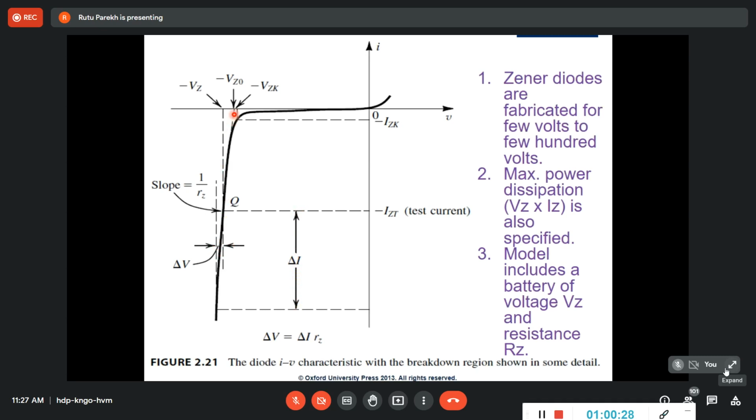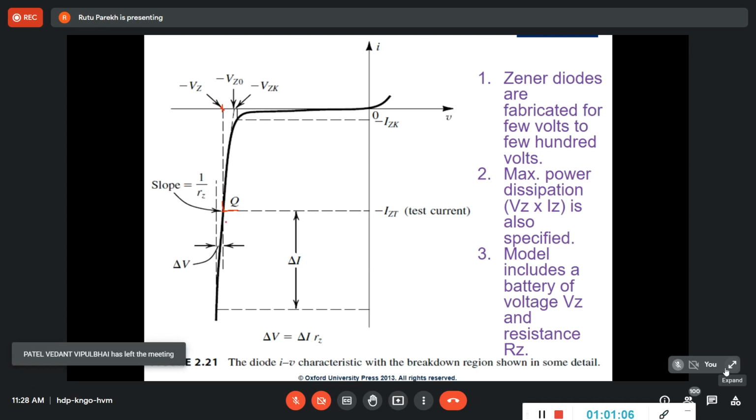Before it was Vz, now this is V, so here it is delta V. It is the difference between the tangent at this point, this is the tangent here, and if you take a straight line, it is your Zener voltage, Vz. In short, let me show you this way: for this current, this is the voltage.